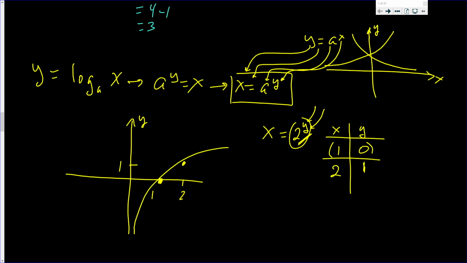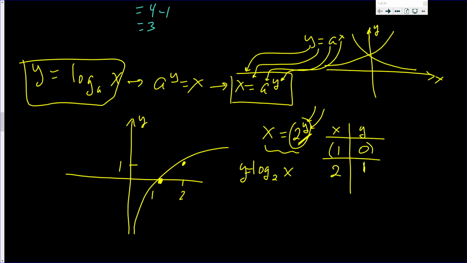Absolutely. That's how you graph this function. Well, actually, this is the same as log base 2 of x is equal to y. So I just graphed y is equal to log base 2 of x.